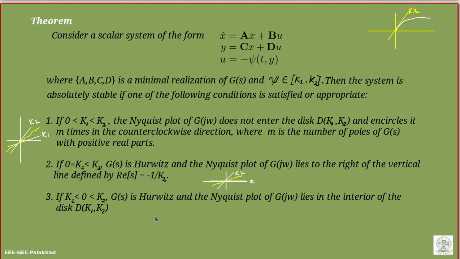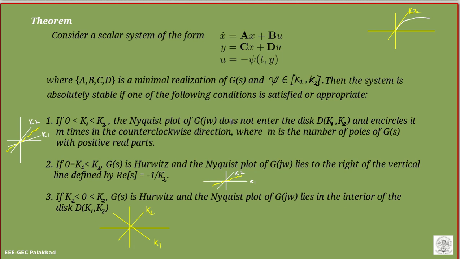Now if I have another nonlinearity lying between another two sectors, K2 and K1, then we come to the conclusion that the Nyquist plot of G(jω) should lie in the interior of the disk D(K1, K2). That is quite an interesting part.